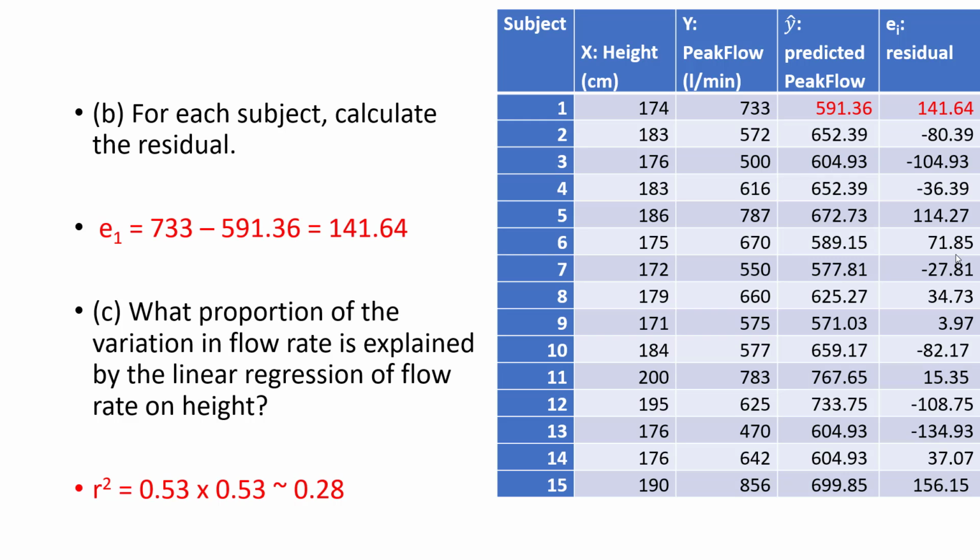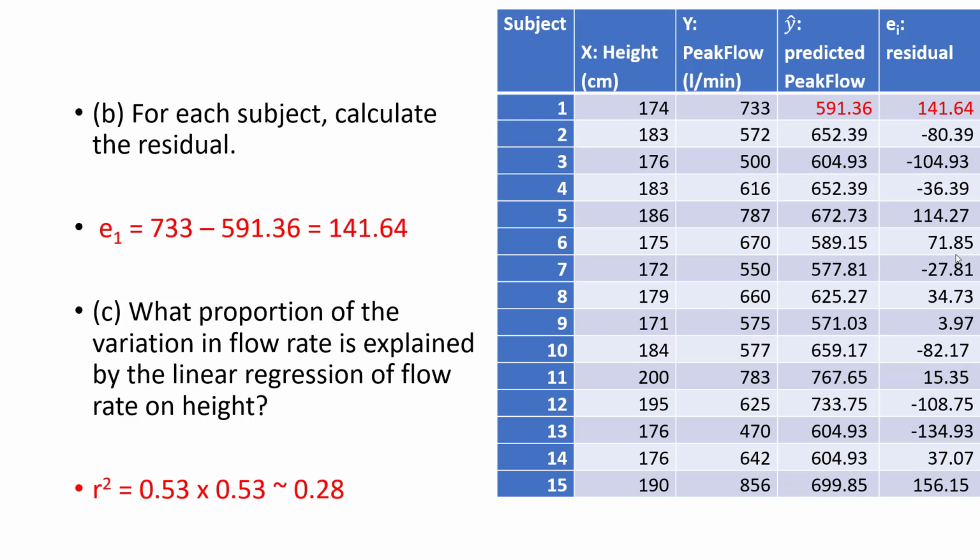Residual is the difference between the observed value and the predicted value. So the first residual is 733 minus 591.36, and you get 141.64. And if you subtract every predicted value from its observed value for each subject, you get residuals in the last column.